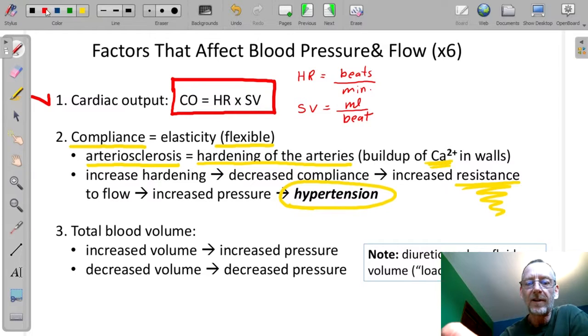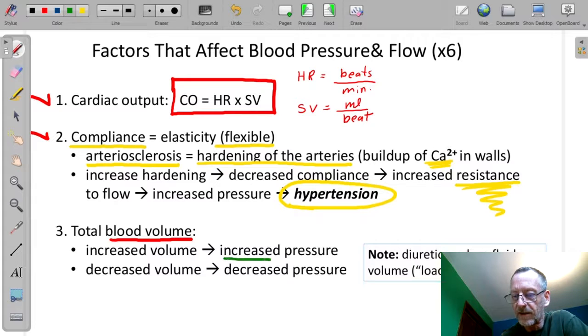Another factor that affects blood pressure is the total blood volume. And the basic relationship that's straightforward and that you need to appreciate is that if you have an increase in blood volume, all other factors being constant, that will cause an increase in pressure.